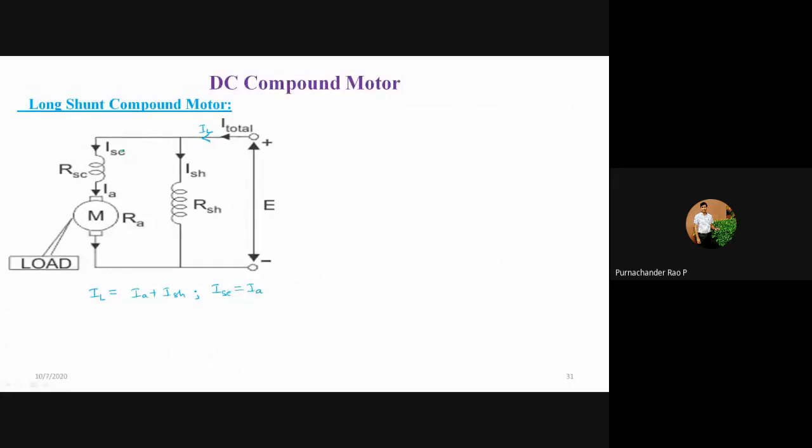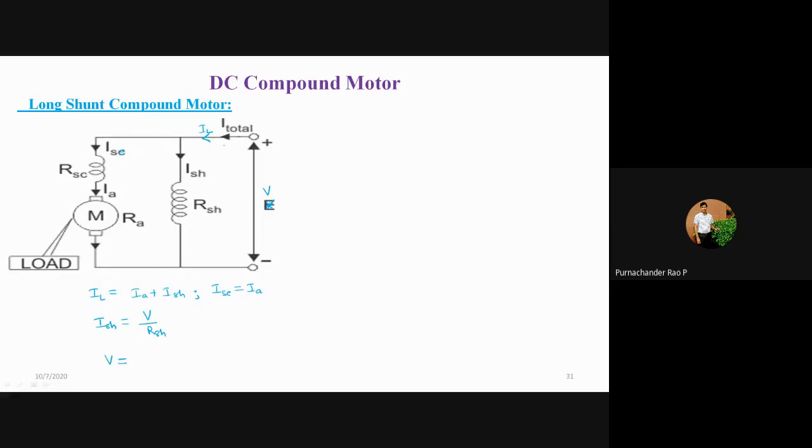Now I need to find ISH. The shunt field winding is directly connected across the supply terminals, so consider this as V, the supply voltage. So ISH is equal to V divided by RSH.